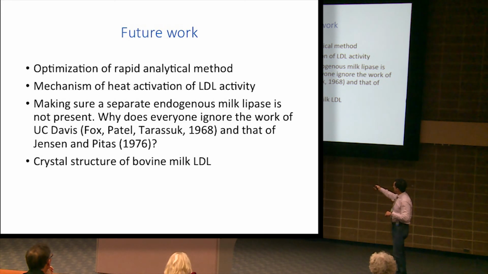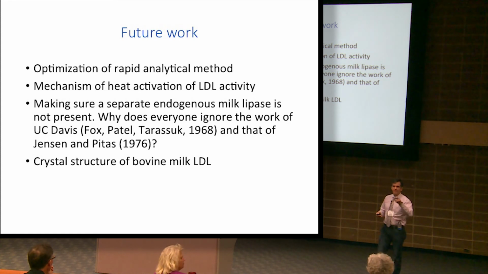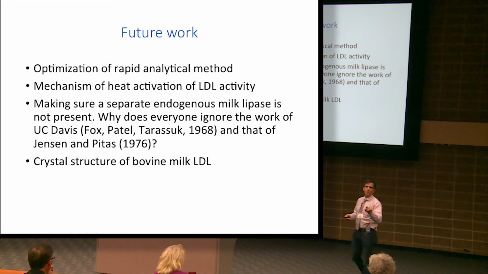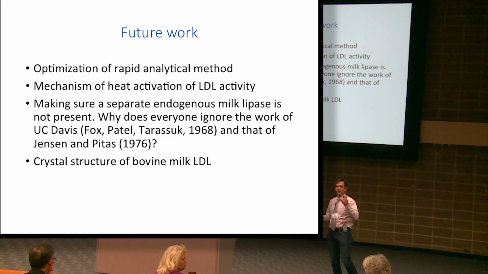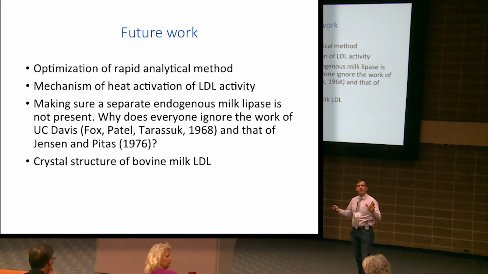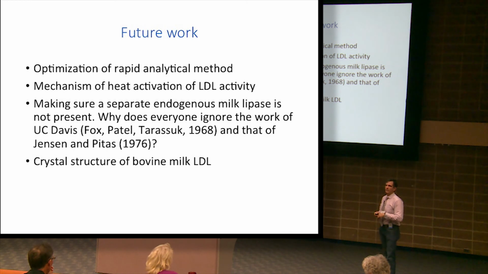And also there's a whole bunch of papers, the work of Fox et al. in 1968 and Jensen and Pitas in 1976. They thought there was another lipase in milk. Not only the lipoprotein lipase, but there was another endogenous lipase. And somehow in the literature, you know, science can be very political, right? They got forgotten.